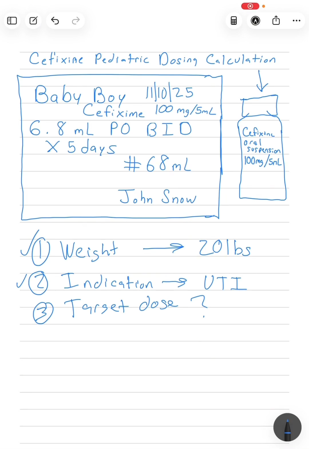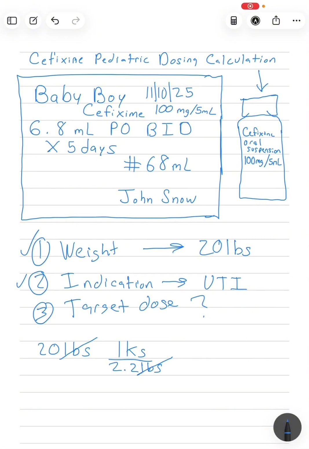So we know that the child weighs 20 pounds. And we have to know that 1 kilogram is equal to 2.2 pounds. And this is called dimensional analysis. It's just a method for us to convert units into other units. So here we can go ahead and cancel out our pounds.